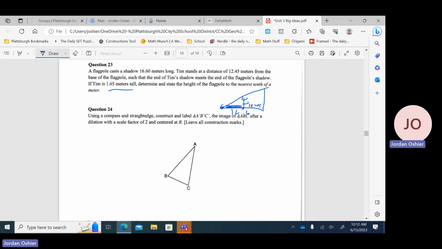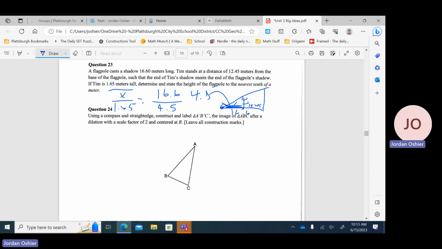So basically this is simply shadow to shadow. You just have to do a little bit of work to find Tim's shadow. So 16.6 minus 12.45 gives Tim a shadow of 4.15. So now it's simply flagpole height to Tim's height equals flagpole shadow to Tim's shadow. And then we cross multiply and solve.